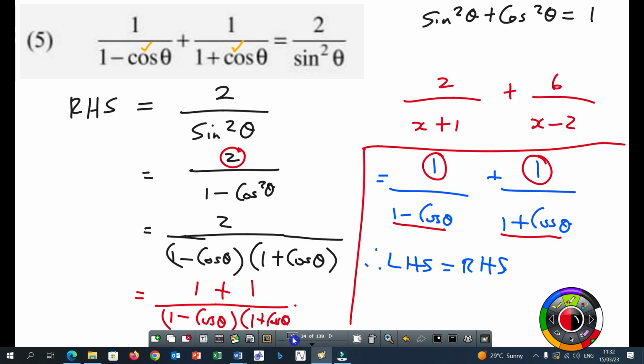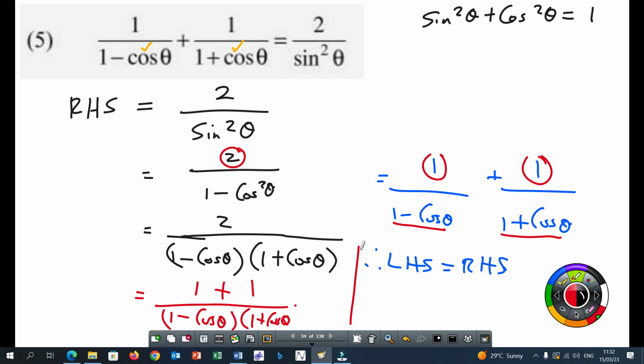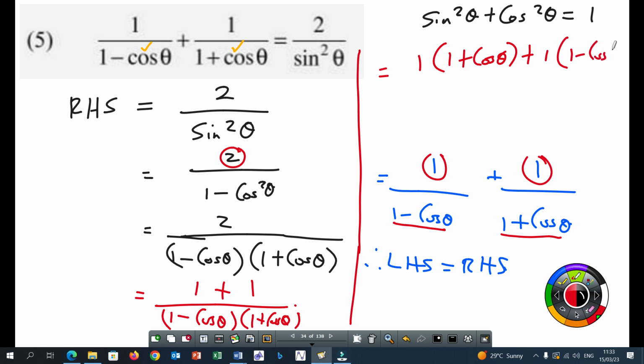So for this question now, they cancel out, but maybe I need to just add this step, to avoid unnecessary confusion. So I'm going to add this step here. From here I could write 1 times 1 plus cos theta, plus 1 times 1 minus cos theta.